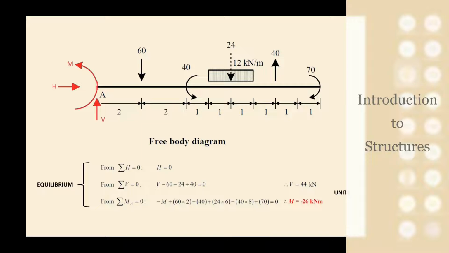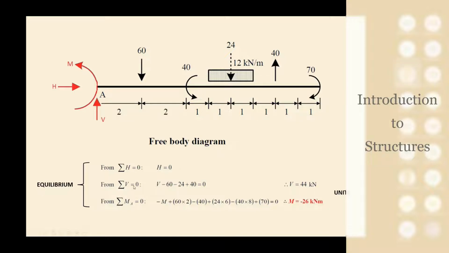In order to fulfill the summation of forces in the horizontal direction equal to 0, which is a mandatory equation because it's the principle of equilibrium, the only possibility is that the reaction is equal to 0. So the reaction for this beam in the horizontal direction is equal to 0.